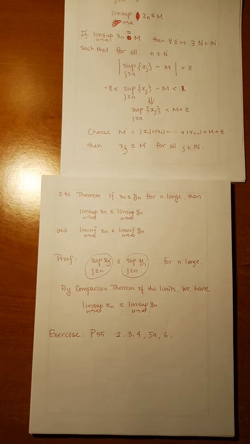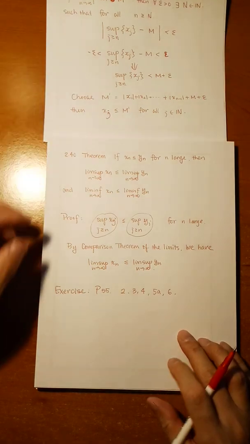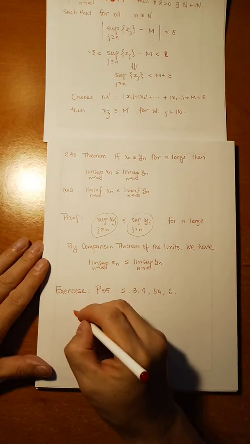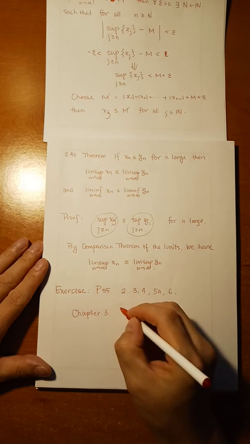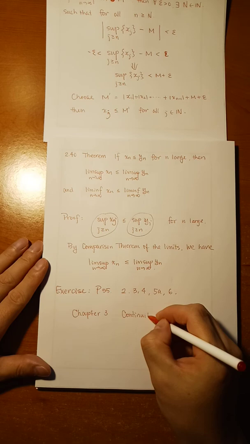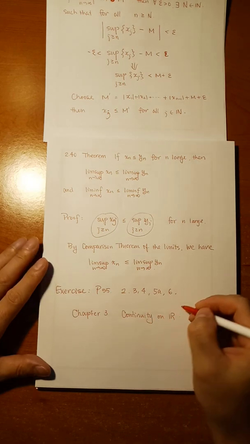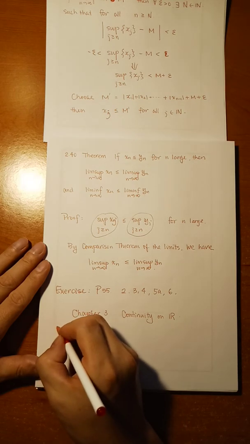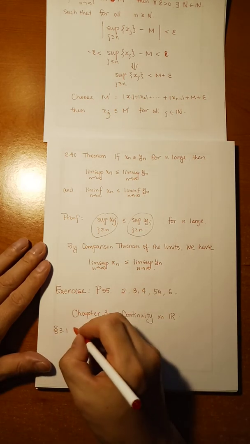Now let's move to chapter 3. We talk about the continuity on R. Okay, so first section, 3.1, two-sided limits.